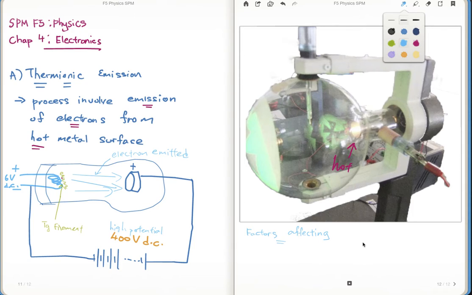First would be the surface area. You may refer to a reference text. What does it mean by that? Higher surface area or lower, which one is better? You may pause this video and read on surface area. Then the second factor is the temperature of the metal.